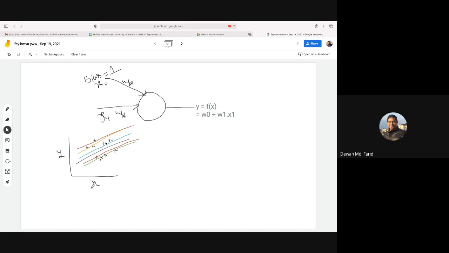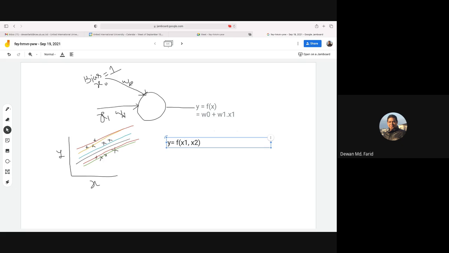But in real life, we may have a scenario like this, say y equals a function of x1 and x2.